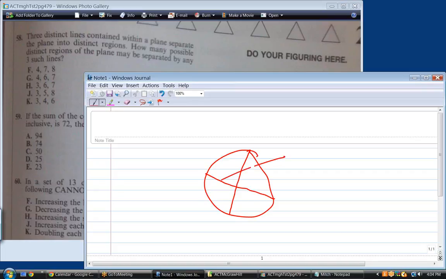So I'm going to go with that as the most you can get. And that's 7. Yeah, I don't think it matters if I do something like this. That's still going to be 1, 2, 3, 4, 5, 6, 7.